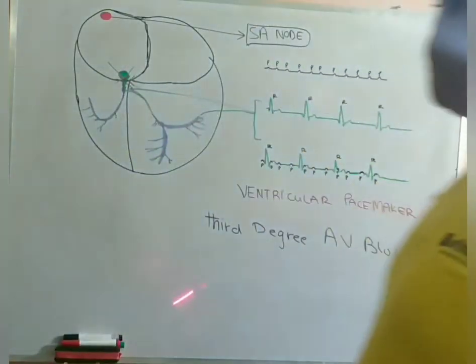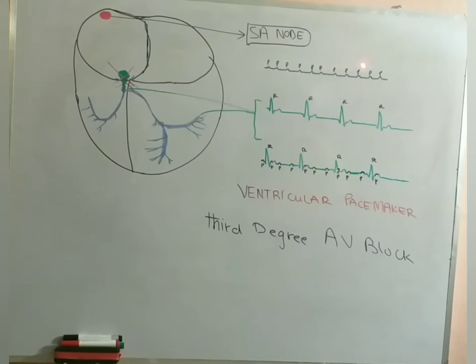So here we see that the P wave is being generated by the SA node at a rate of 60 to 90 times per minute, so it is not affected by the AV node blockage. But now the ventricular pacemaker is active at a rate of almost 20 to 40 times per minute, and the QRS complex is broad. But there is no association or correlation between the P and the QRS complex.